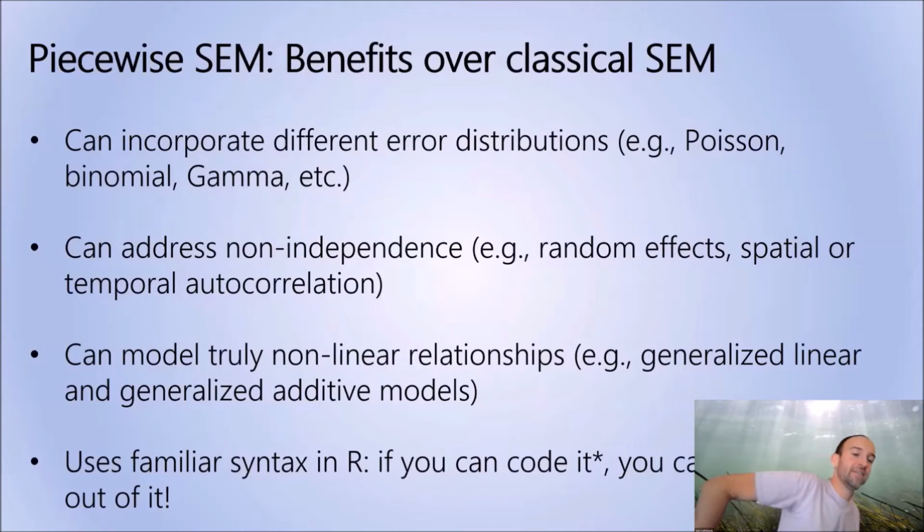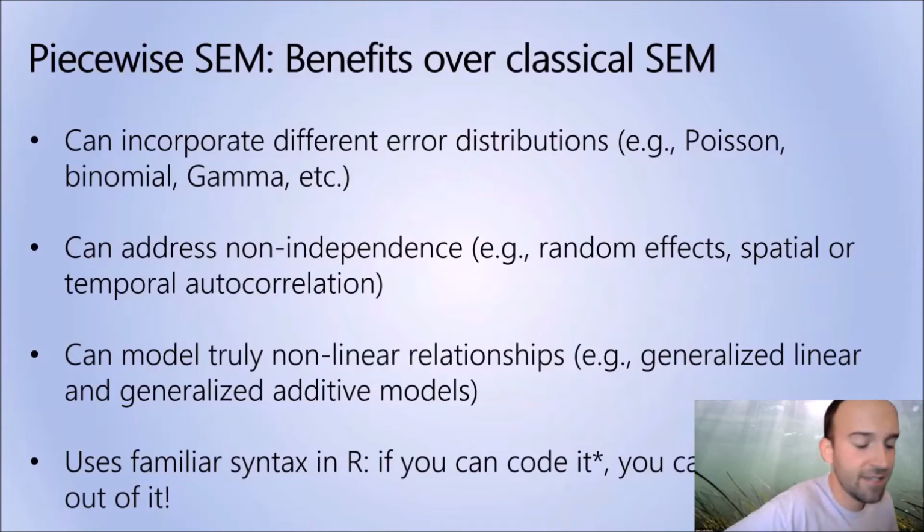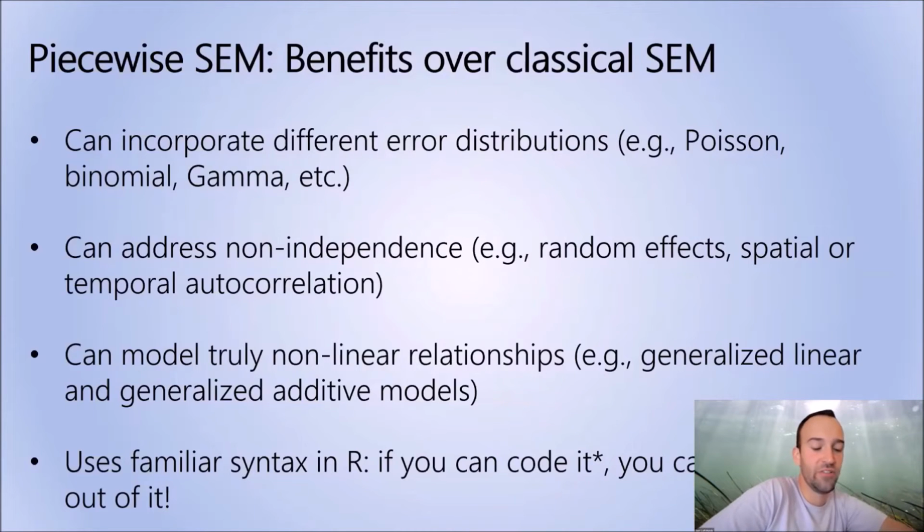I should also say that this piecewise framework can address non-independence in the data. This could arise from things like pseudo-replication, where we can fit a mixed effects model, or we might have spatial or temporal autocorrelation, so we might fit a model with a defined autocorrelation structure.